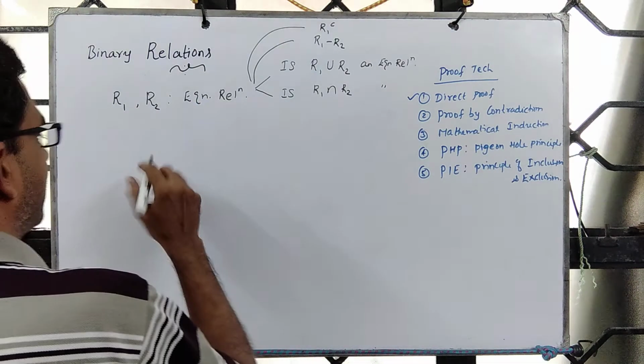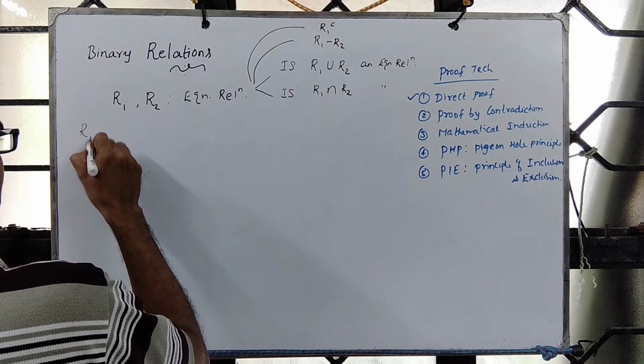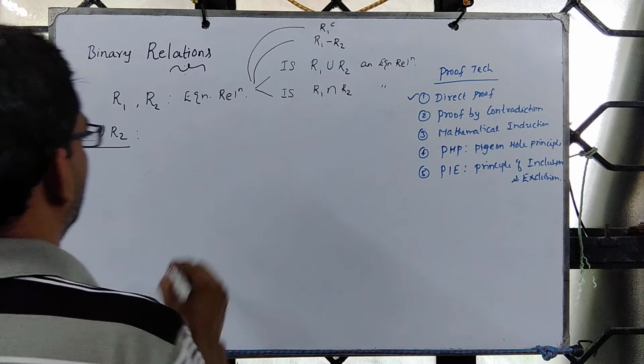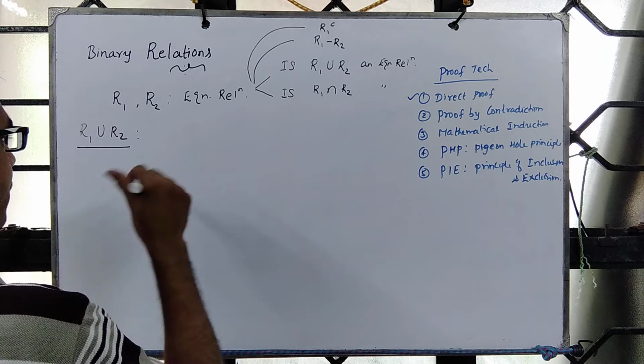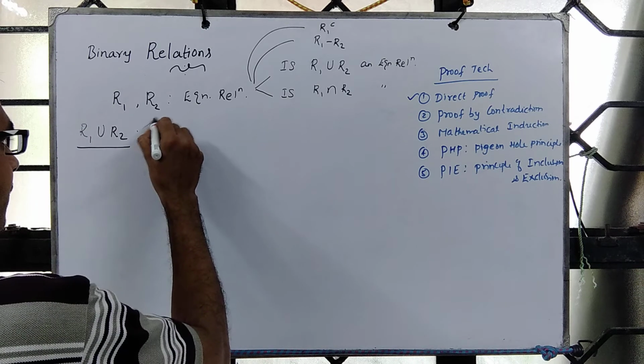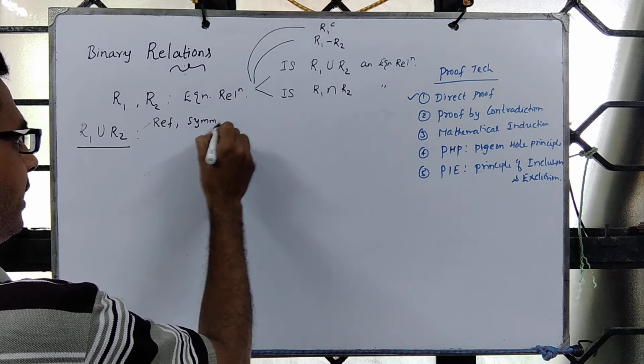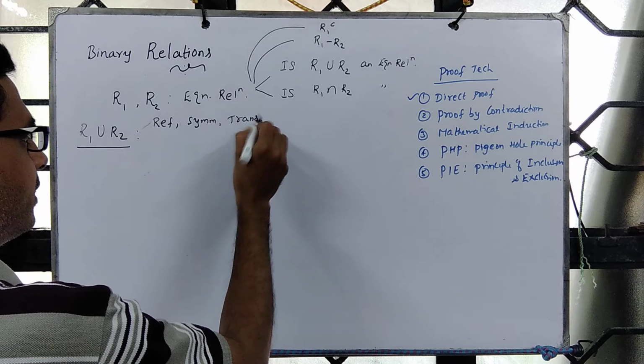Let's look at R1 union R2 first. To say that R1 union R2 is an equivalence relation, we need to prove that it is reflexive, symmetric and transitive.